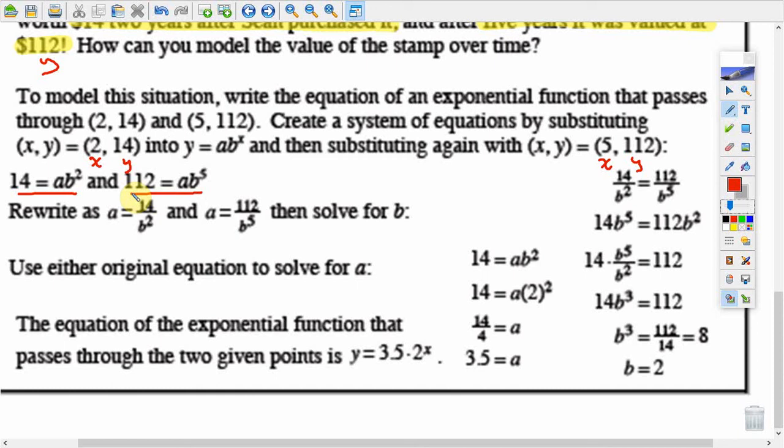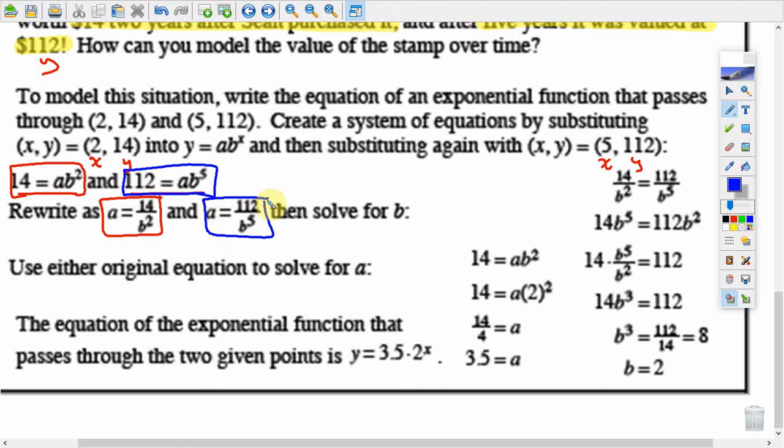If we solve them both for a, then this equation becomes a equals 14 divided by b squared. This equation becomes a equals 112 divided by b to the fifth.